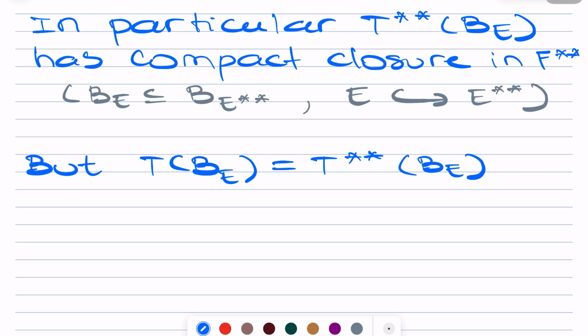This is due to the fact that T star star restricted to E equals T.